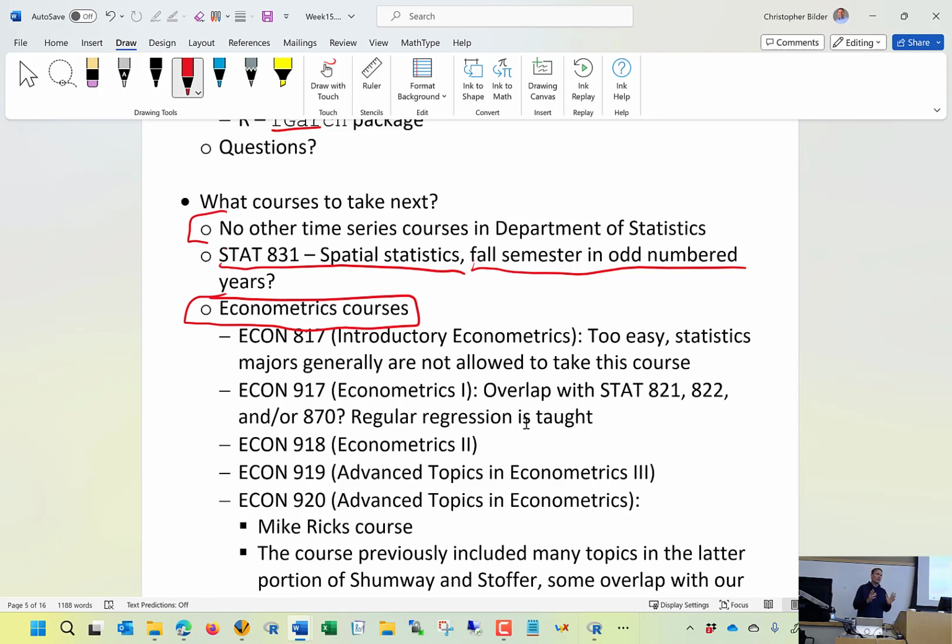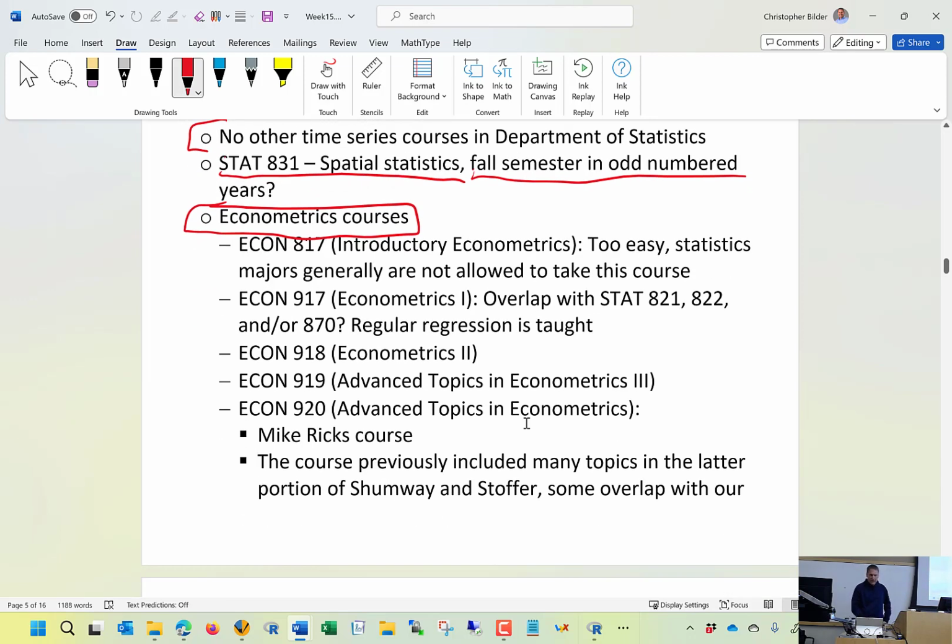What you've seen in this course is that there are often many examples where we have a financial type of number that we're interested in, or something related to economics. That's why people who are advancing the area are often in econ and in finance. So if you really like time series analysis, it would be helpful to take some courses in these other departments.